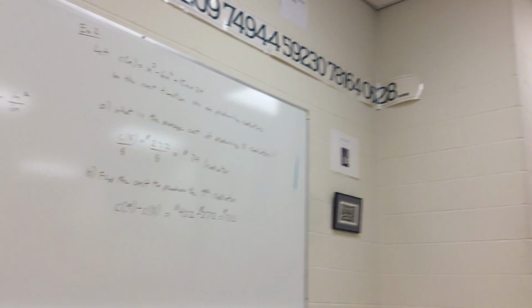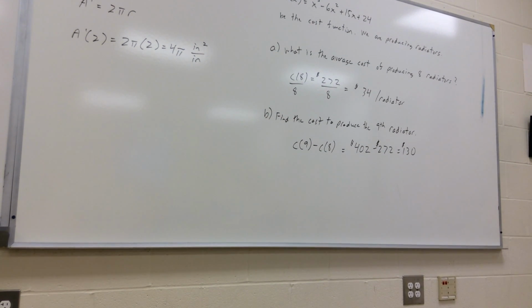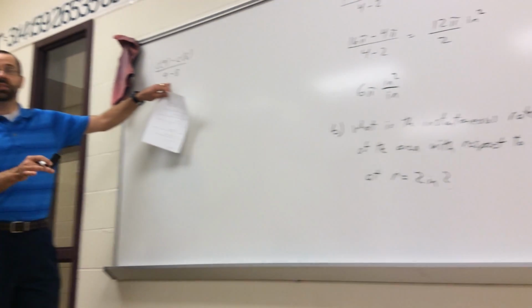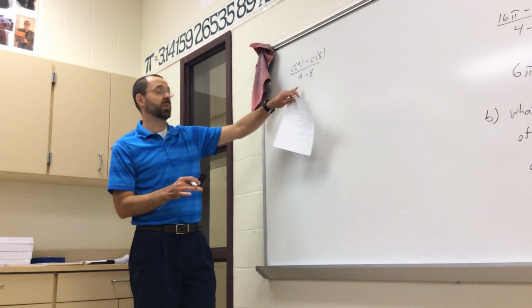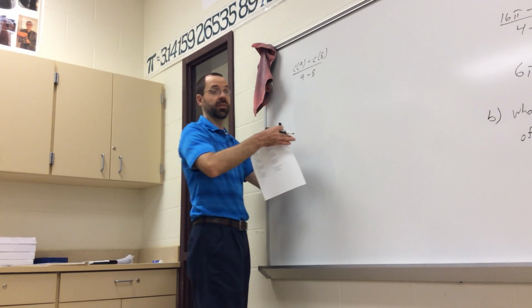Okay, so now that last one could be thought of as a rate of change. So if I write it like this, that wouldn't change my calculation, right? So this is exactly the same thing as I just did. I'm just dividing by 9 minus 8 to point out that, so this would come out to $130.